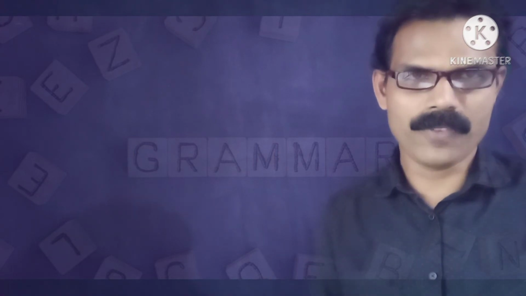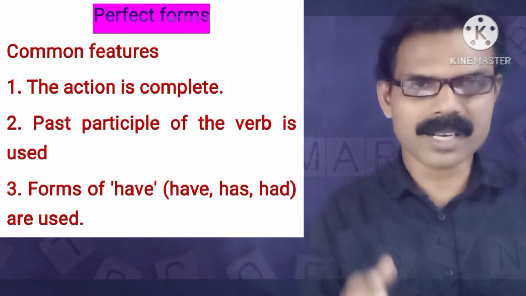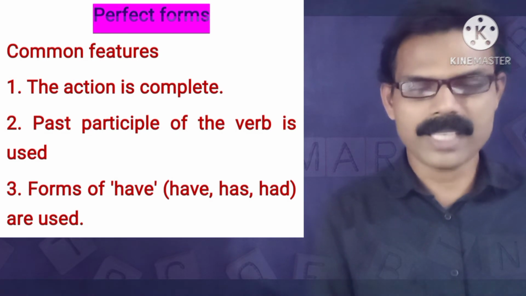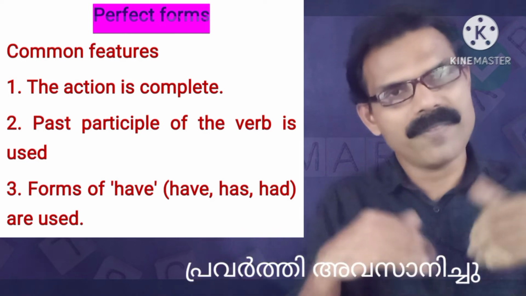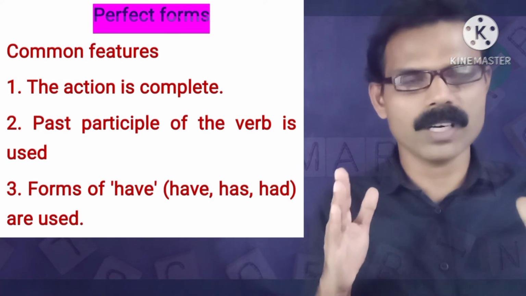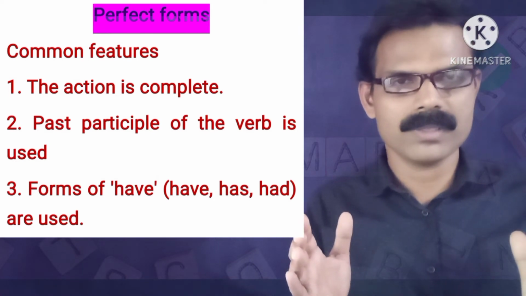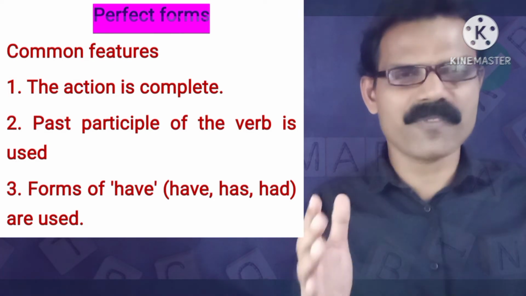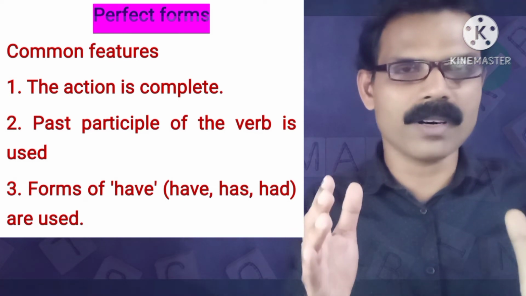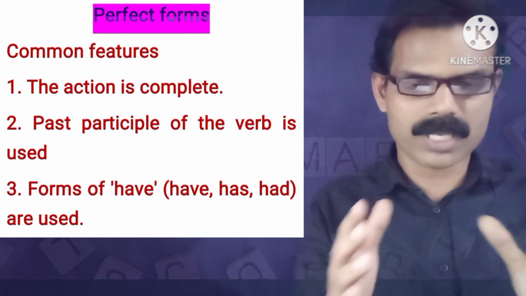Okay, now we are moving on to the perfect forms. Common features, and there are some common features for perfect forms. What are they? The action is complete, finished. Second one, past participle of the verb is used. Always, in all perfect forms, past participle, that means the third form of the verb is used.